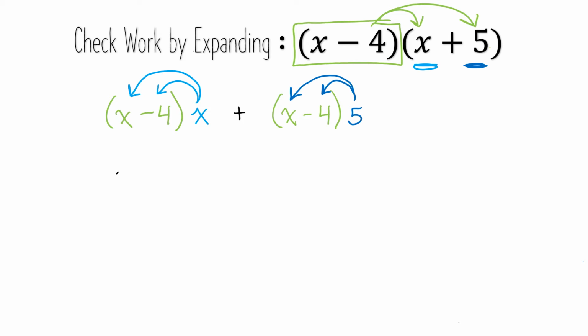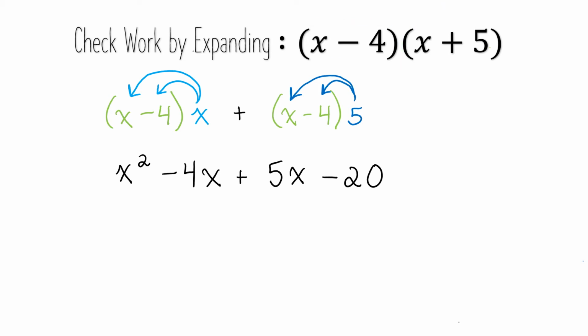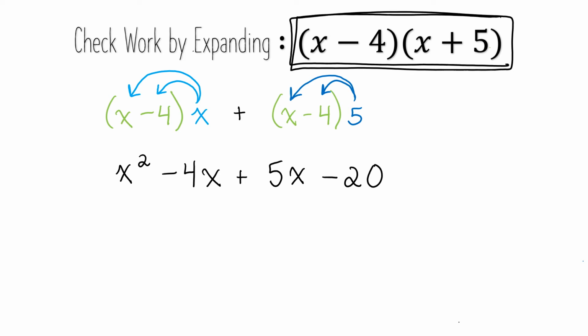X times x is x squared. X times minus 4 is equal to minus 4x, plus 5 times x gives us 5x, and 5 times that minus 4 gives us minus 20. This was the original expression that we had. So the quantity of x minus 4 times the quantity of x plus 5 is the correct way to factor the expression.